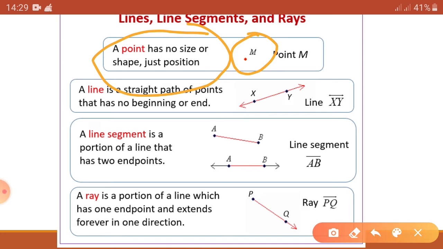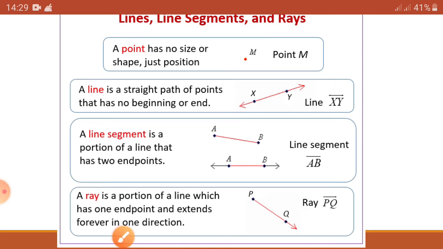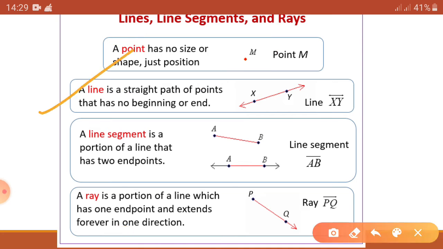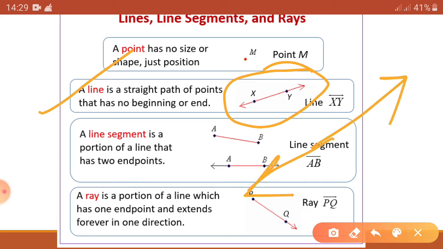Next point is, what is a line? Actually, a line is a straight path of points that has no beginning or end. As shown in the figure, this line extends on both sides, so that it has no beginning or end.